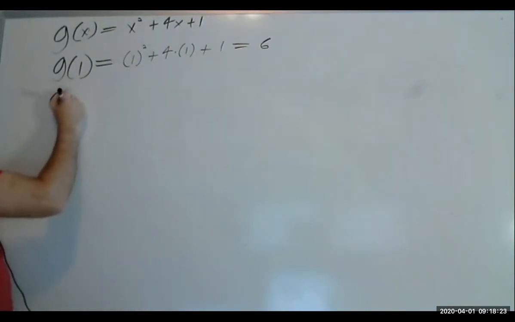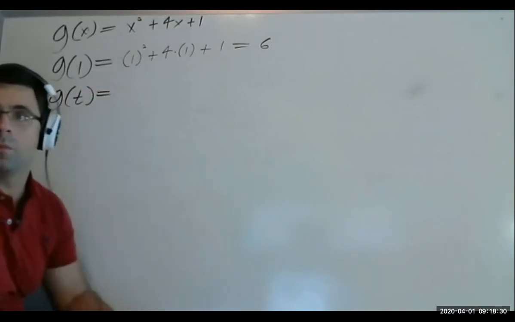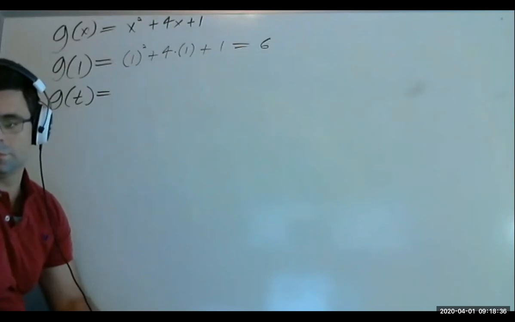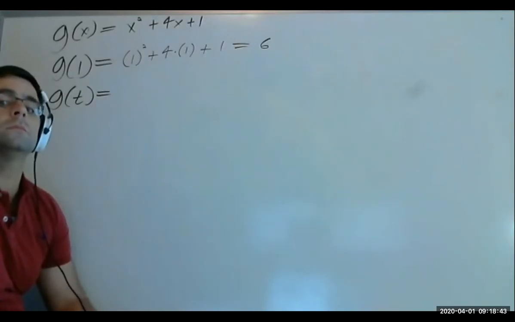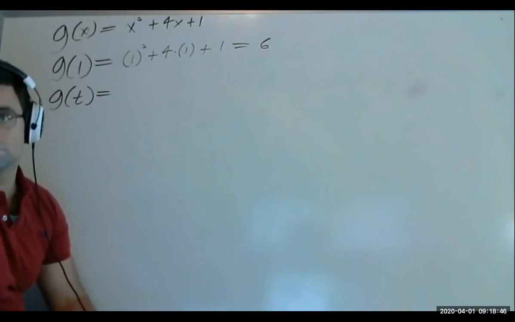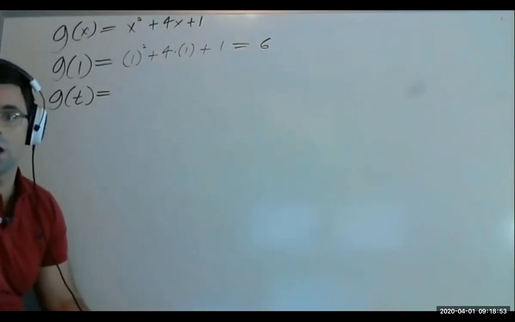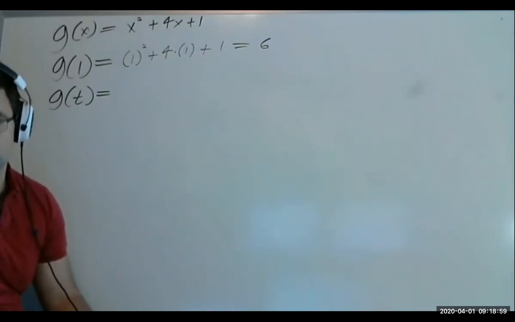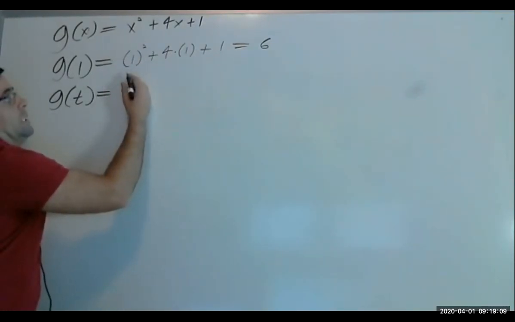What about g of t? What do we get here? So you just replace everything in there with a t.